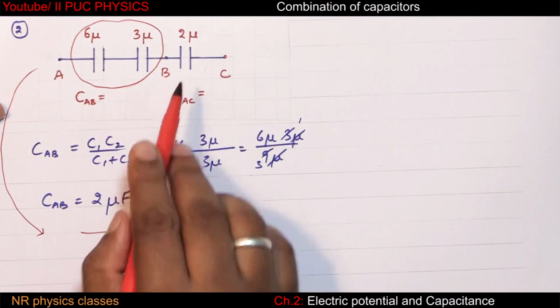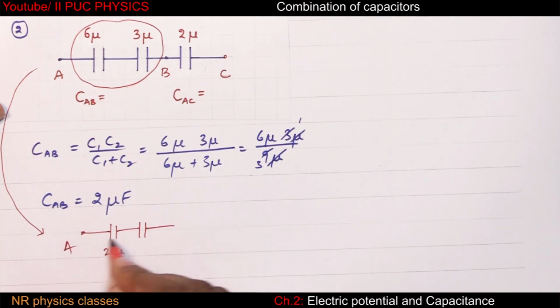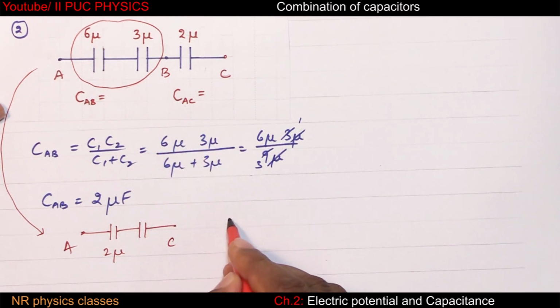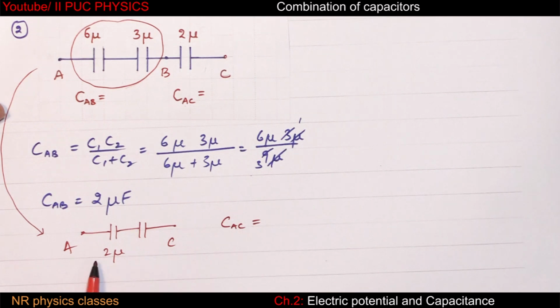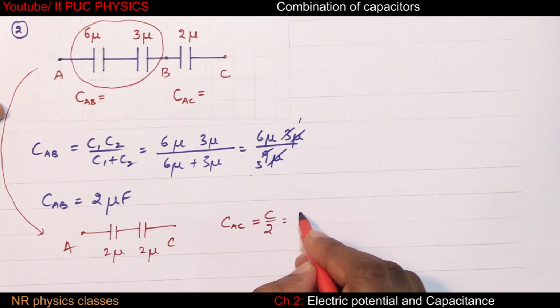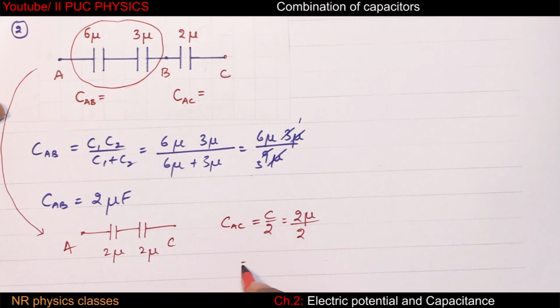This 2 micro is here. This is A and this is C. So to find capacitance across A and C, CAC, observe 2 equal values. 2 equal values in series means it is C by 2. 2 micro by 2 equal to 1 microfarad. This is CAC.